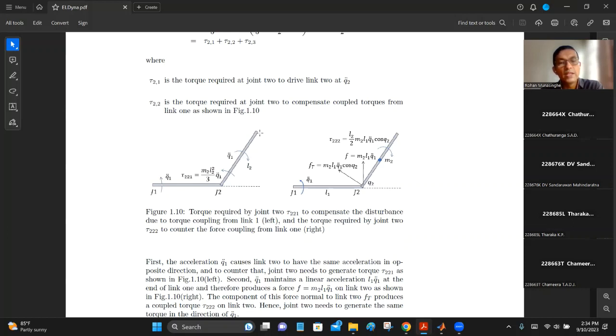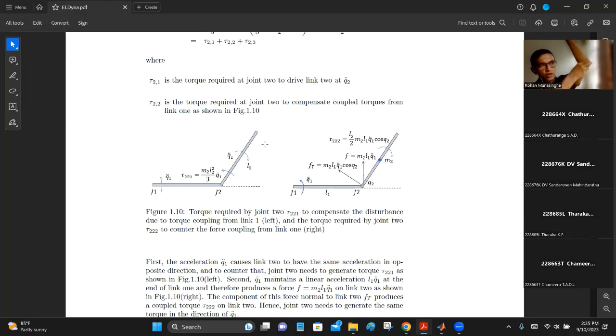Then if you look at the second link over here, it has some length L2 and there's some torque that it has to generate in the opposite direction in order not to deflect. So this causes some sort of deflection. As you can see over here, if I try to just move the first link, if you lock it here, that's all right. It goes like that. If you lock the second joint, it goes like that.